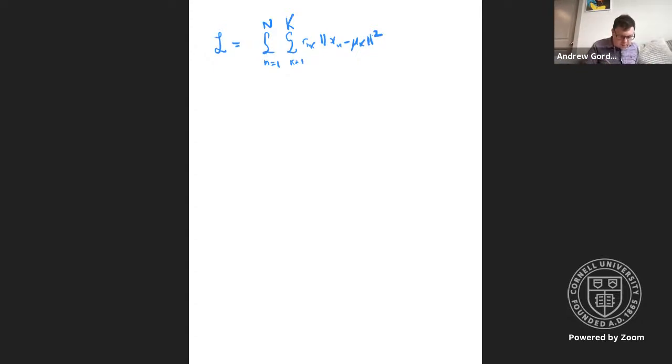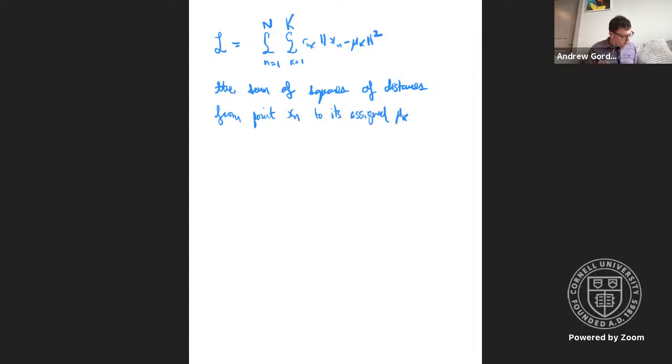So this is the sum of squares of distances from point xn to its assigned mu k. So we want to find r and k in mu k.